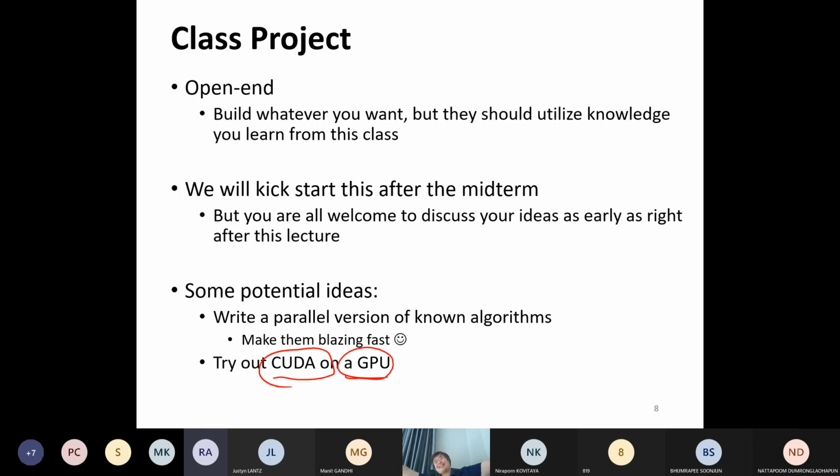Why do I need a graphic card? Why do I even buy a graphic card in the first place?